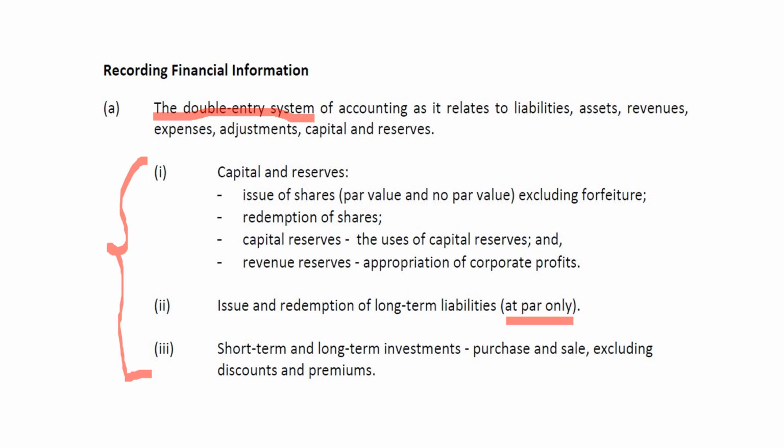Again, just a matter of calculating the amount and making the entry. The liability will be credited, whether it's bond or debenture, and the other side of the entry would be cash.